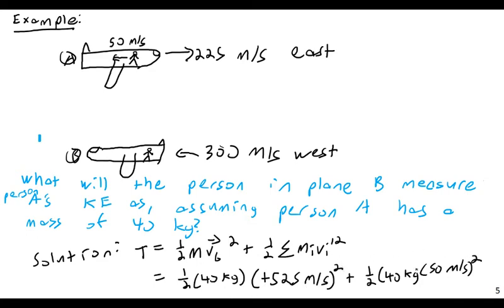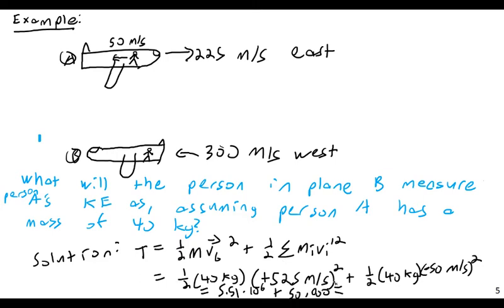So let's work through some of these numbers. I'll actually put in the negative here just to make clear that the negatives will cancel out. So that's 0.5 times 40 times 525 squared, which is 5.51 times 10 to the 6th, if I want to leave a little more sig figs, plus 0.5 times 40 times 50 squared, and that's just 50,000. So this is just utterly dominating it.